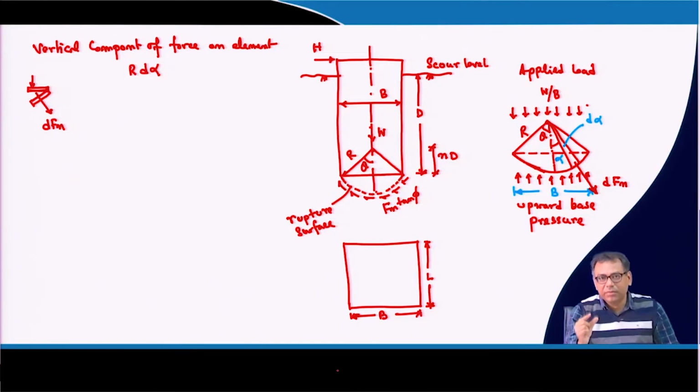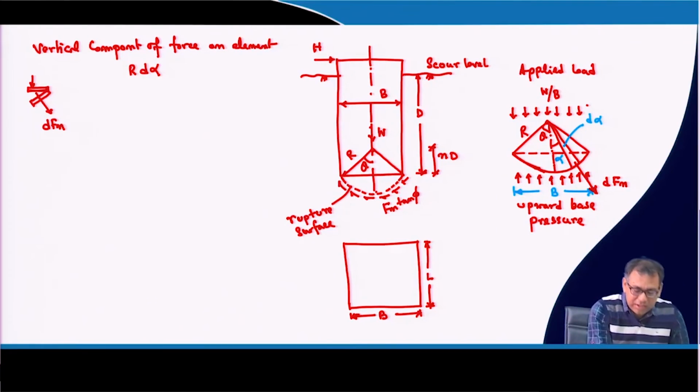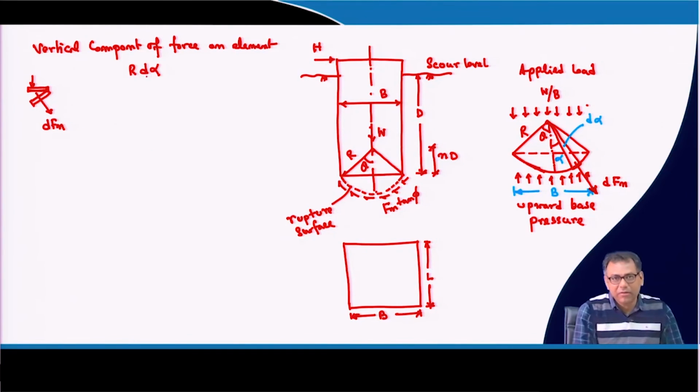So, the length of this small element will be R d alpha, and we want to calculate the vertical component of the force on this element.